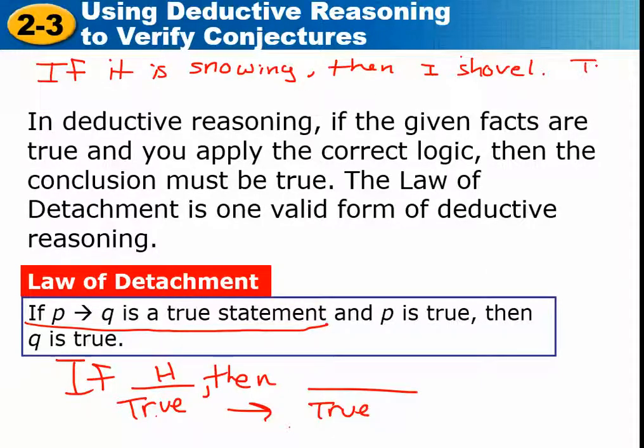So I'm starting with a true statement, a true conditional. Now I have to see if the hypothesis is true. Well, I'm looking out the window, it's not snowing. But let's pretend, let's fast forward a few months, and let's say it's snowing. Deductive reasoning says that if this is a true statement, if it's snowing, then I shovel, and it is snowing, then the conclusion that you can make is, I will be shoveling.